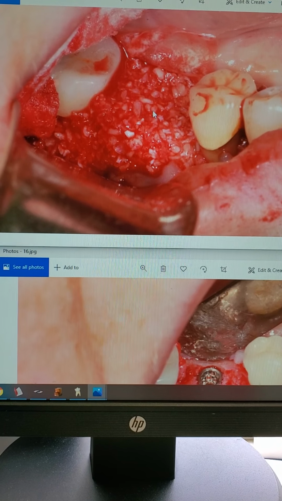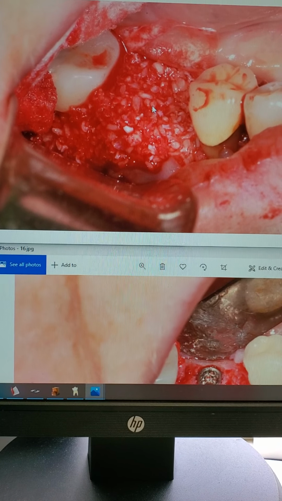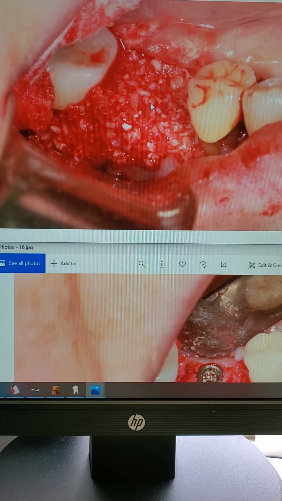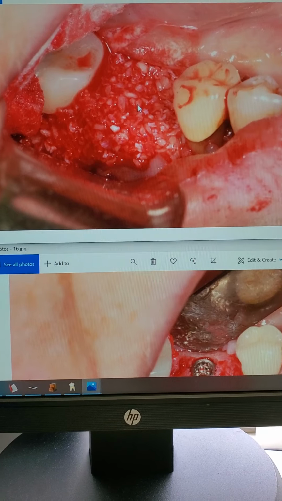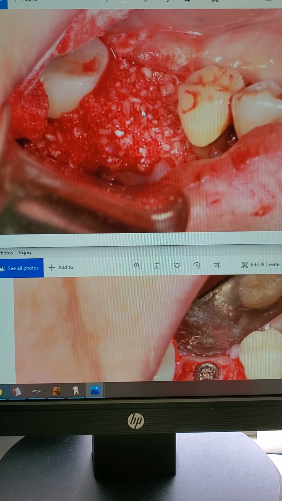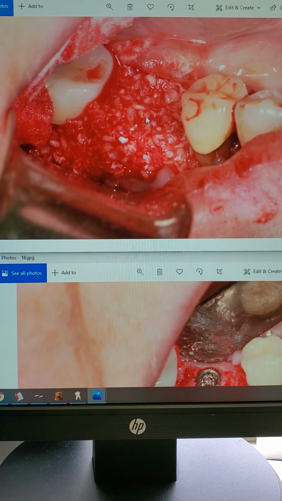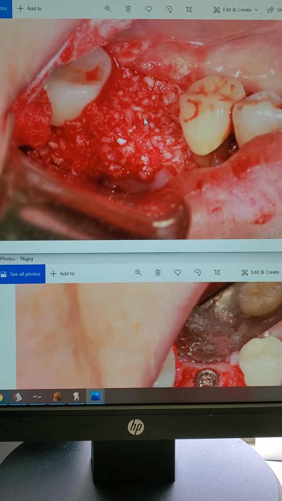Another thing that I would like to mention here, if I'm going to use any autogenous, if I'm saying if, I like to use the same site. You see, that's my goal. Anybody who's been following my posts, I want to avoid a second surgical site if I can, and there are reasons for that, but for now let's just focus on this case.